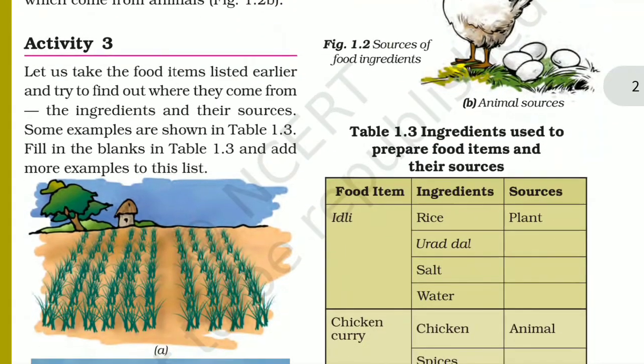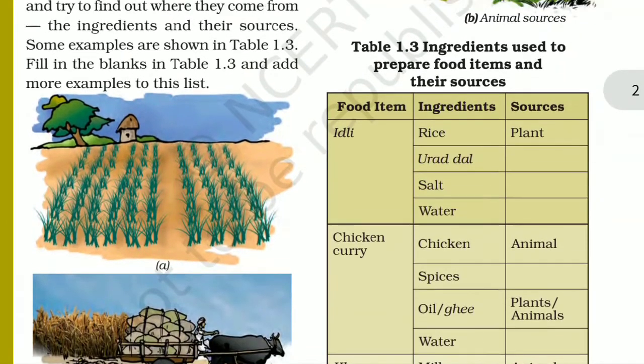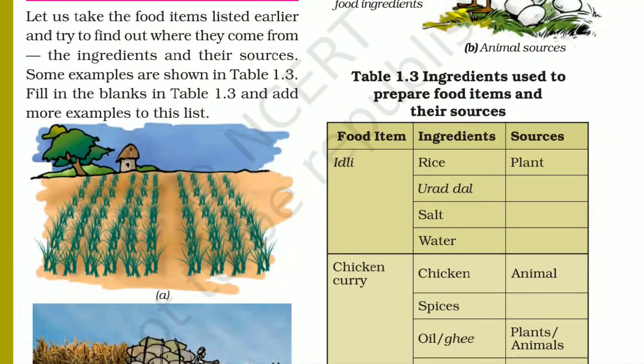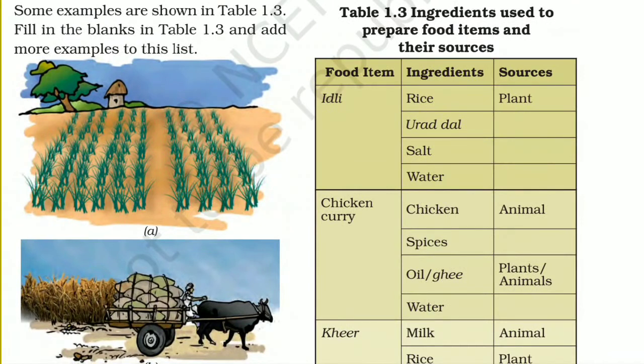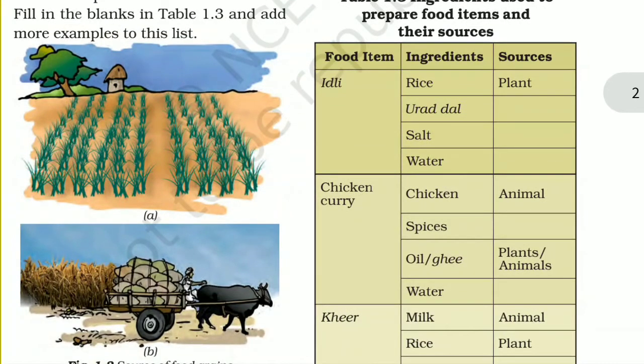Let's start with activity 3. Let us take the food items listed earlier and try to find out where they come from. So if you have listed them before, you see where they come from. They have shown that you have to see table 1.3 for where they come from. Food item idli. Ingredients: rice, urad dal, salt, water.